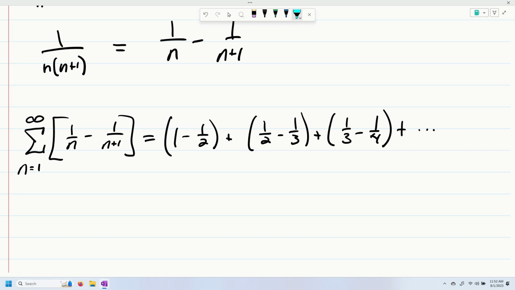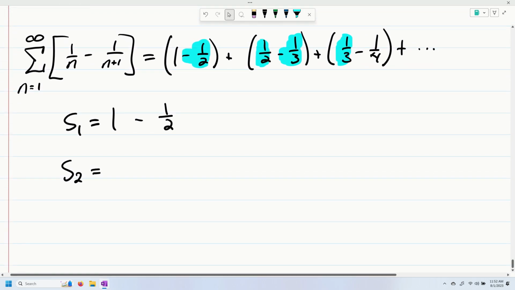One of the things you're going to notice is I have negative 1/2 and then positive 1/2. Then I have negative 1/3 and positive 1/3 and so forth. This is going to keep going. So this is what we mean by a telescoping series. Our first partial sum is 1 minus 1/2.